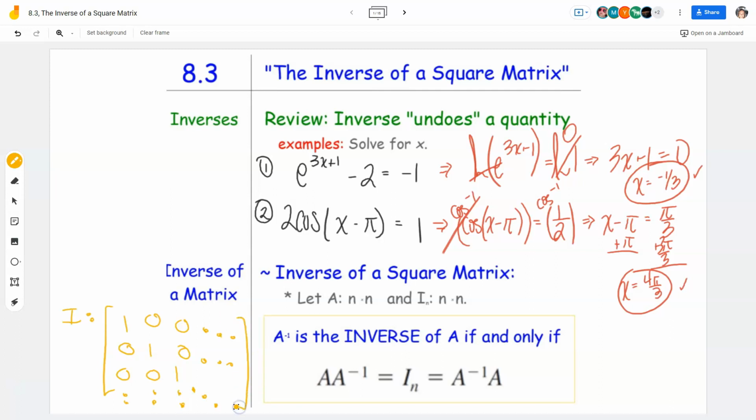Okay. The identity matrix: the main diagonal of ones, everything else zeros. So what do you notice about the matrix definition of an inverse? First of all, what represents inverse up here, if it's not I? A negative one.